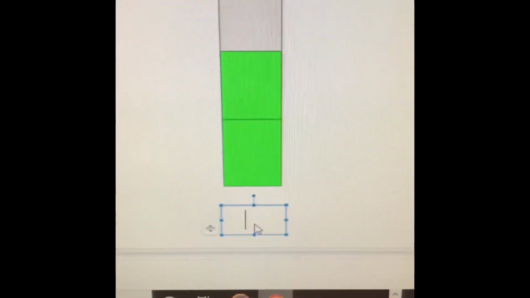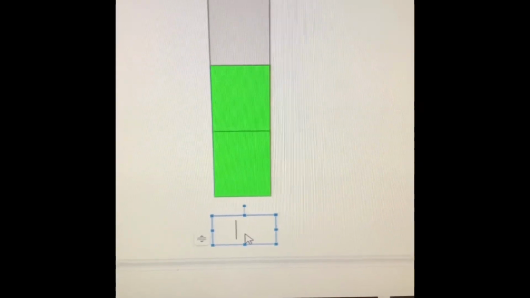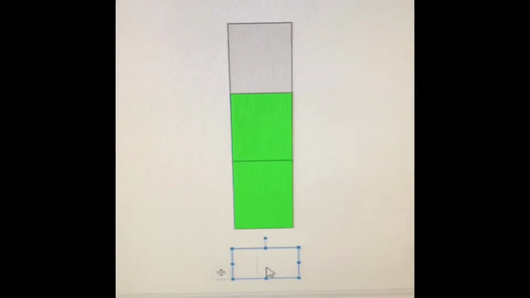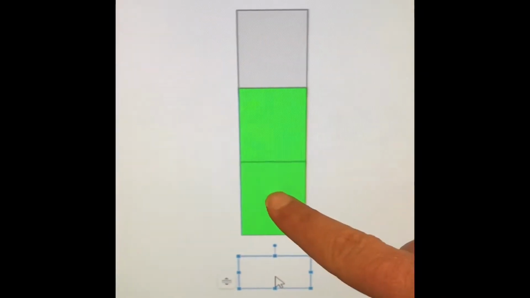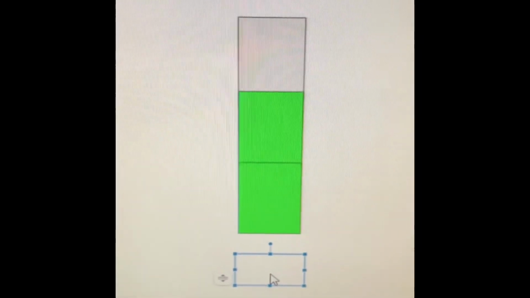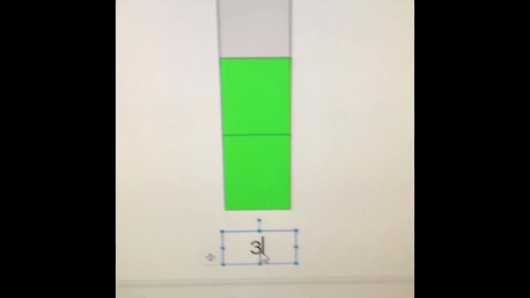Alright, so now I'm going to identify the fraction again for how many pieces in this picture are shaded green. First step, I'm going to count the total number of pieces. 1, 2, 3. So there's 3 total pieces, so 3 is going to be the denominator. That's going to be the number that goes on the bottom.